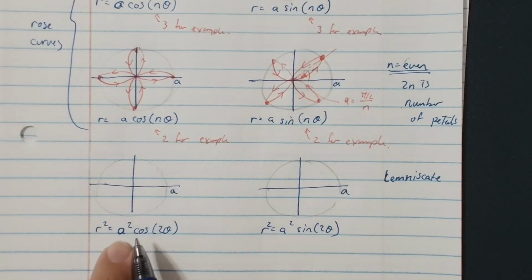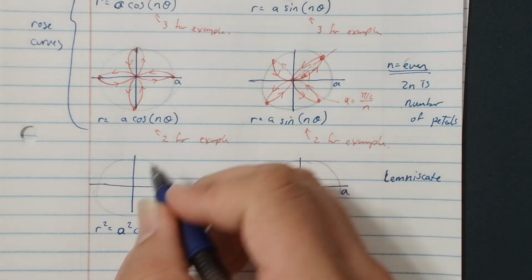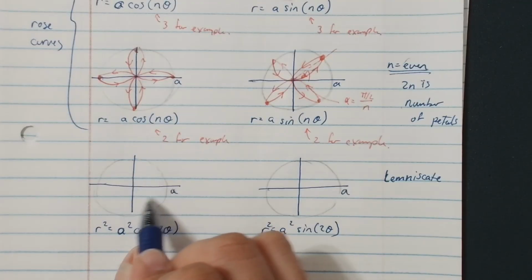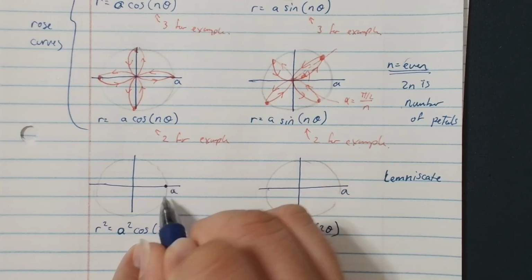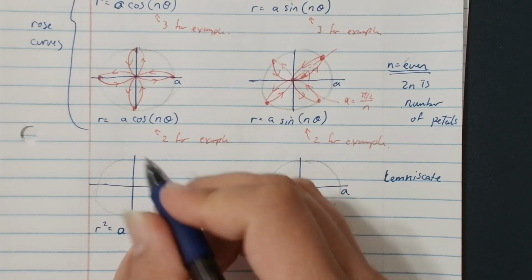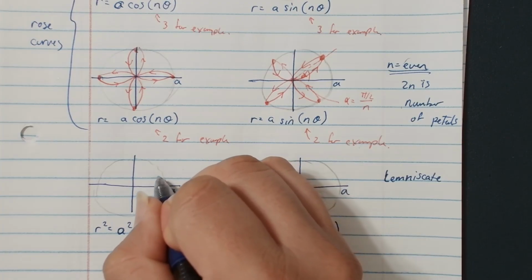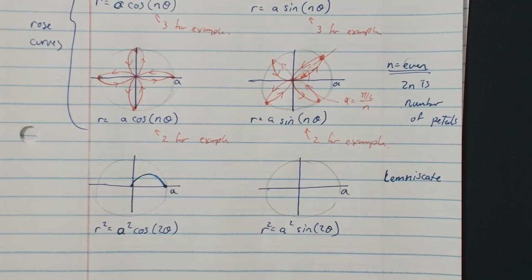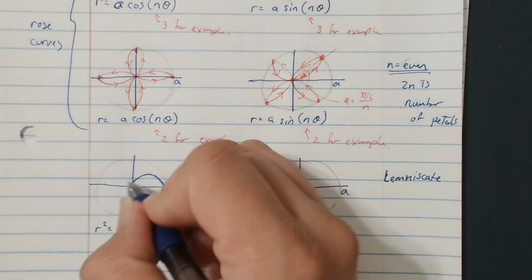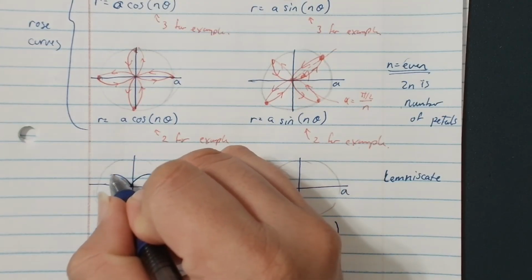For r squared equals a squared cosine of 2 theta, you're going to make a figure 8 that's sideways, so kind of like the infinity symbol. It's going to start out here on the far right side. It's going to go in toward the middle, like that. And then we're going to continue this way.